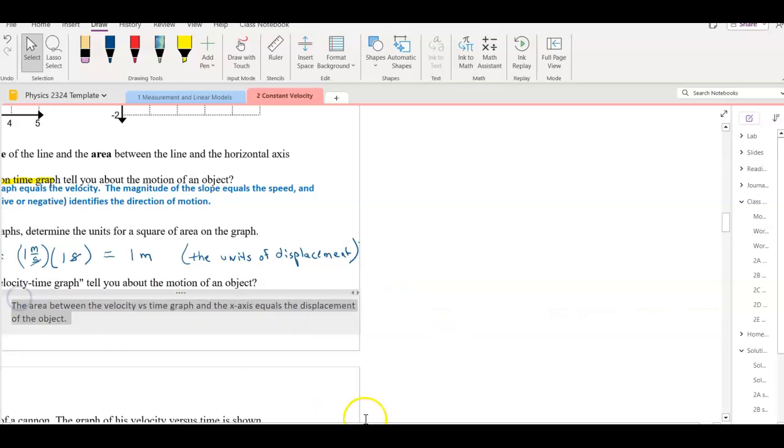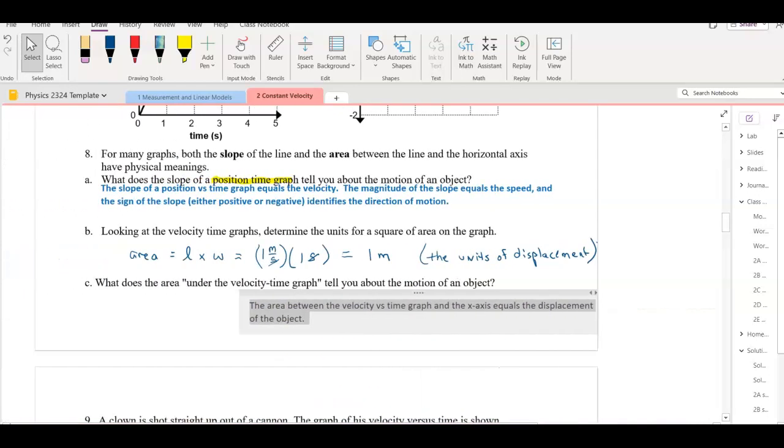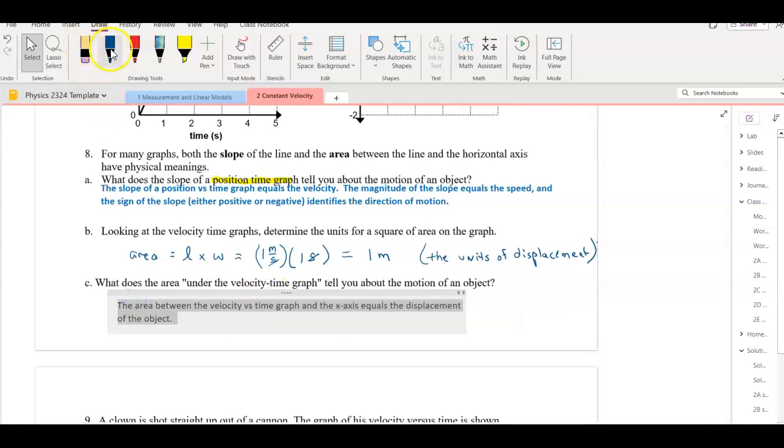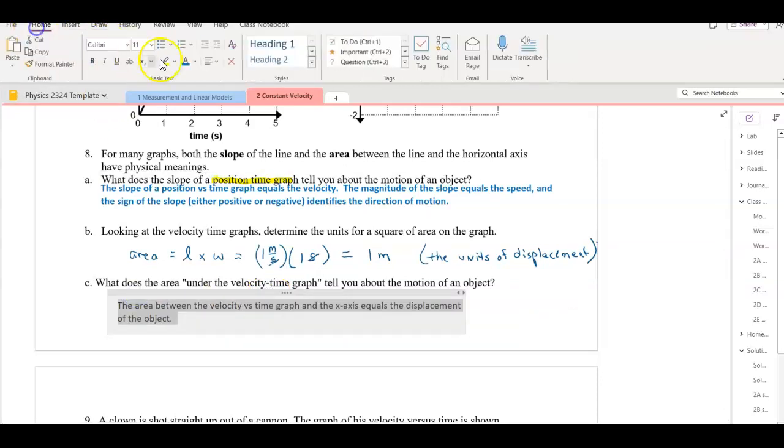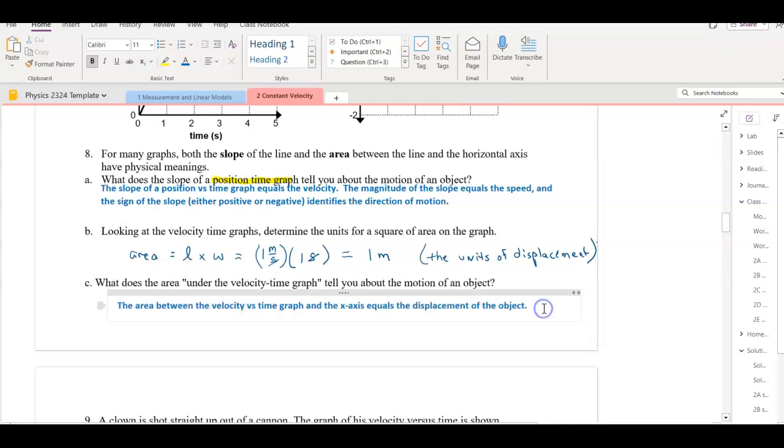Let me move this over here. And let me just say one other thing. What if we wanted to find not the displacement, but the distance or path length?